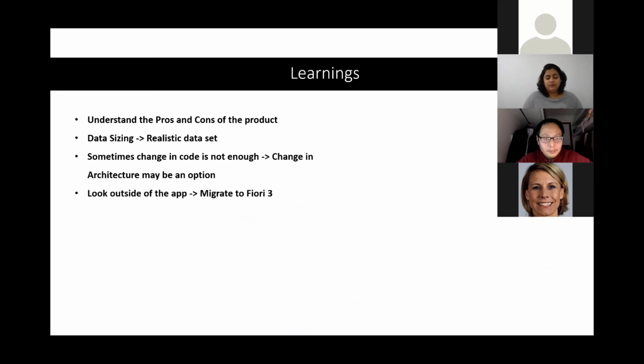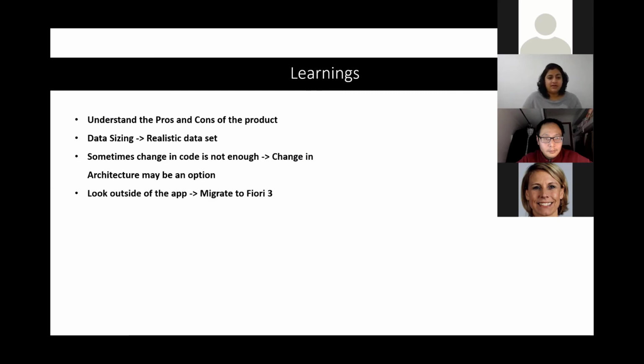At times we work with small data in dev or test, but when you go to production, it's a different story. So we have to understand the data sizing and really work or test thoroughly with that data sizing, those many users at a time.